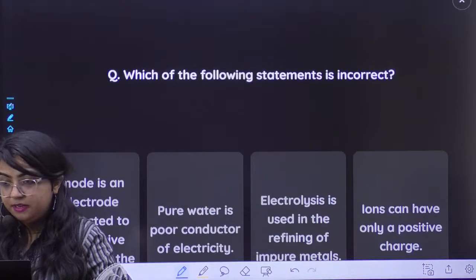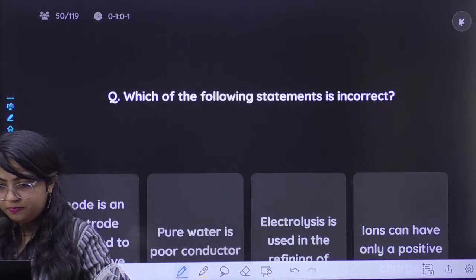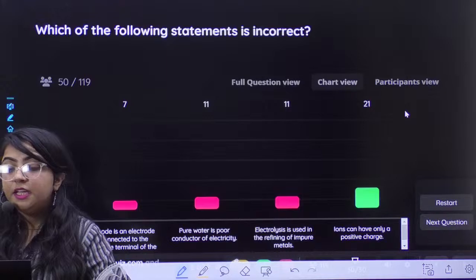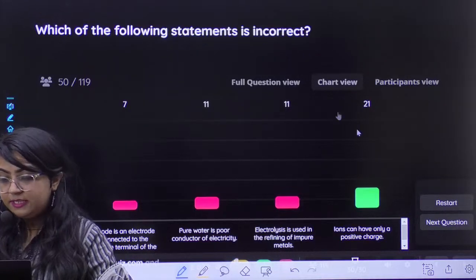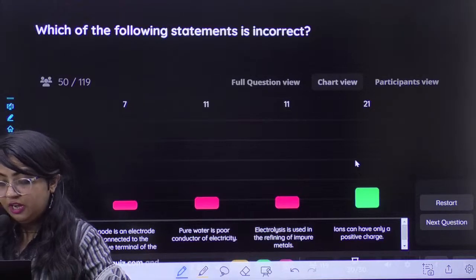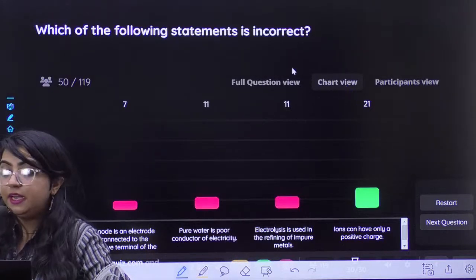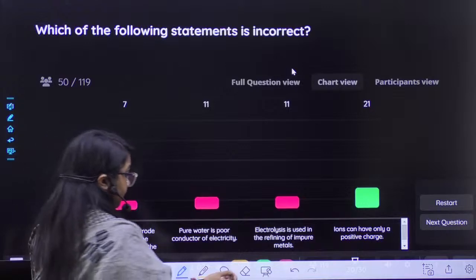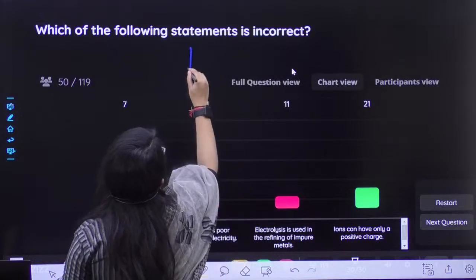Let's check its answer now. The correct option for this is option D, ions have only a positive charge. This is not the correct statement. We know that ions are majorly of 2 types.